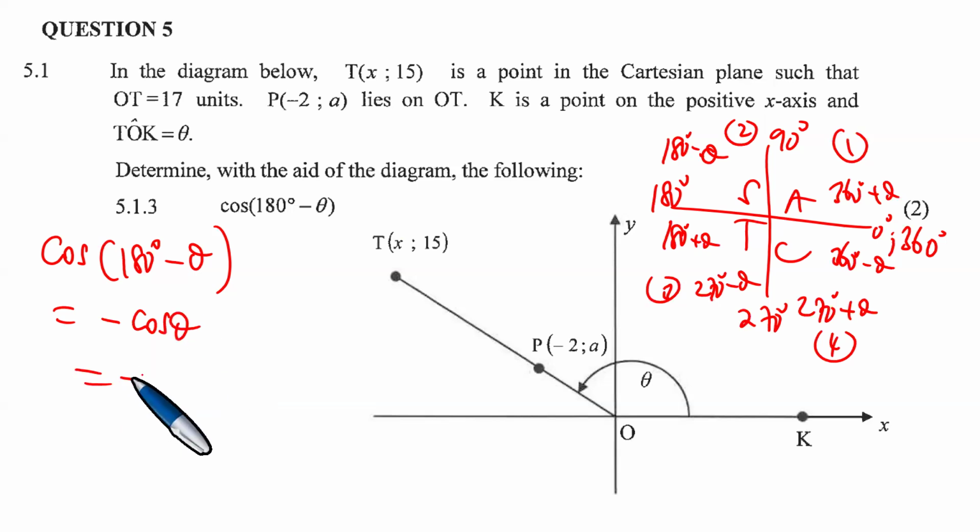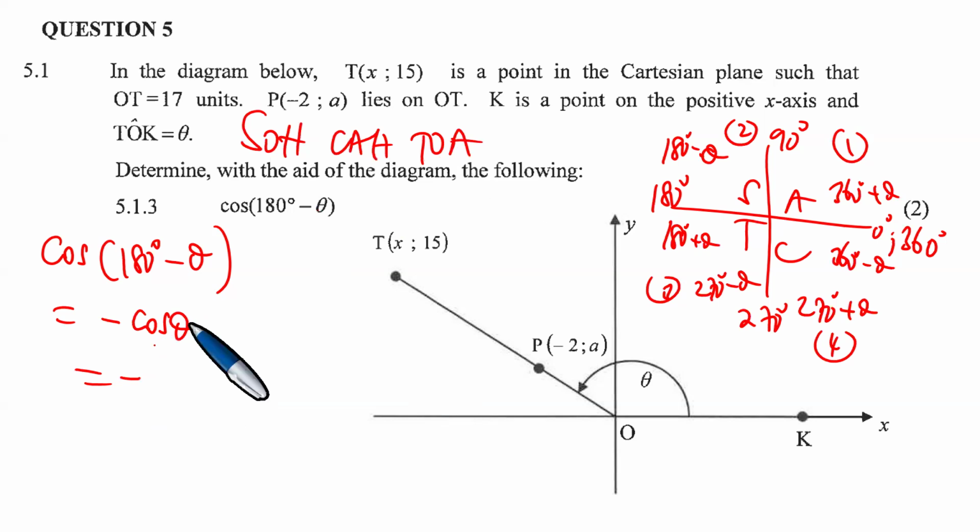And therefore, what is the cosine here? In view of SOHCAHTOA, the cosine of theta becomes exactly the adjacent over the hypotenuse. Dealing with this here, we know that our x is minus 8, and our y is actually 15 from here.